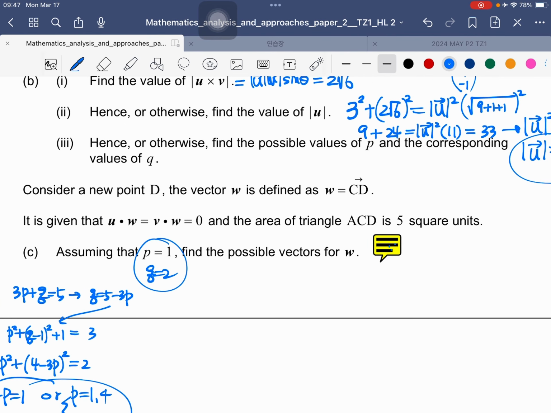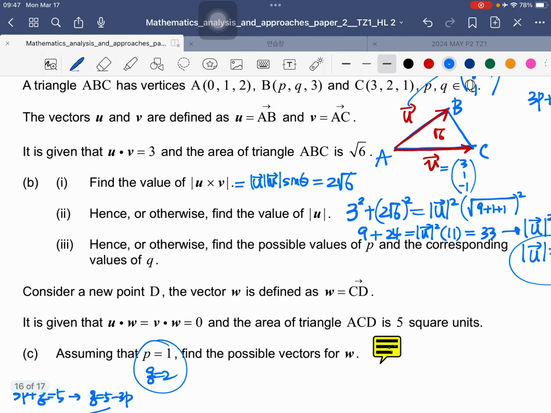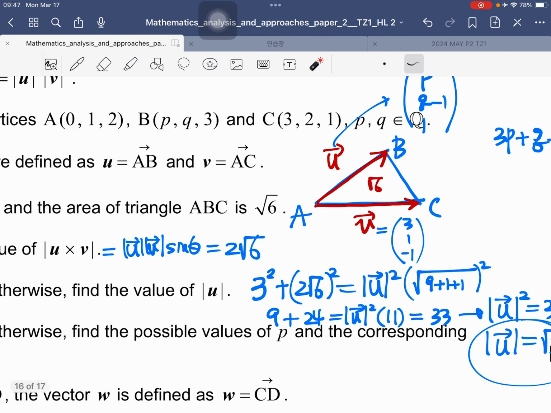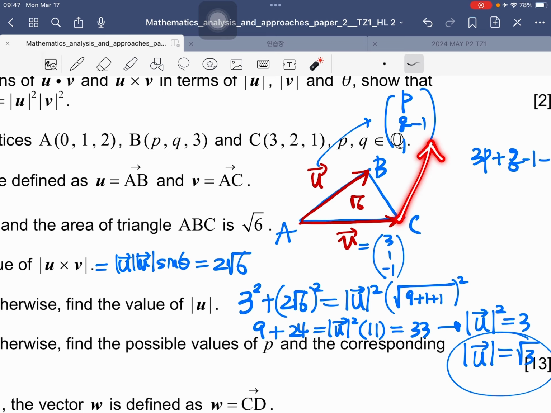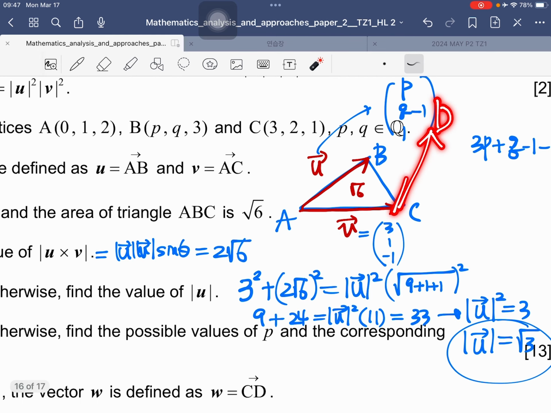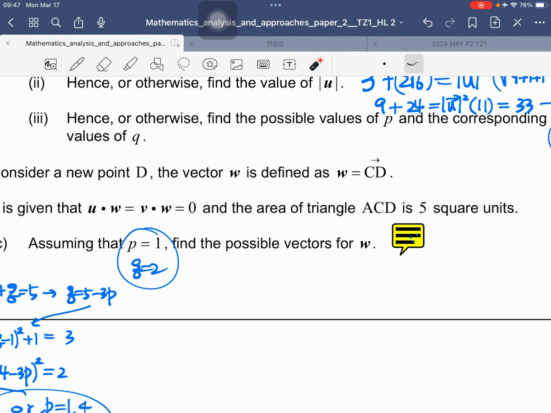U dot W, V dot W. The W vector is some vector defined from C to the D point. The condition here is that the W vector is perpendicular to U and perpendicular to V, because the scalar product is 0.